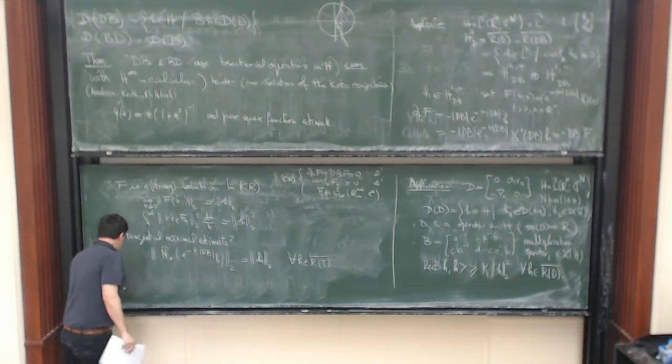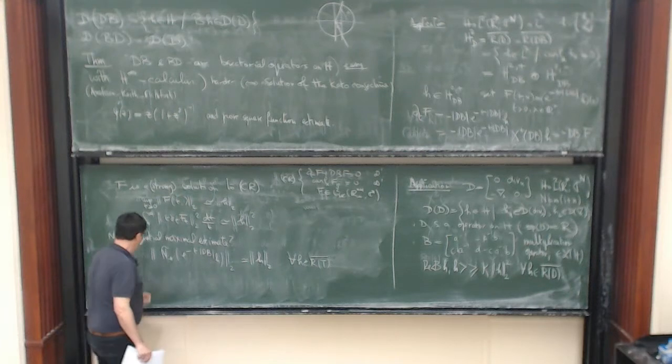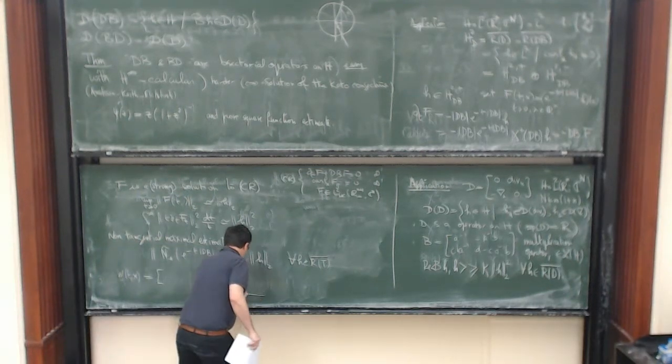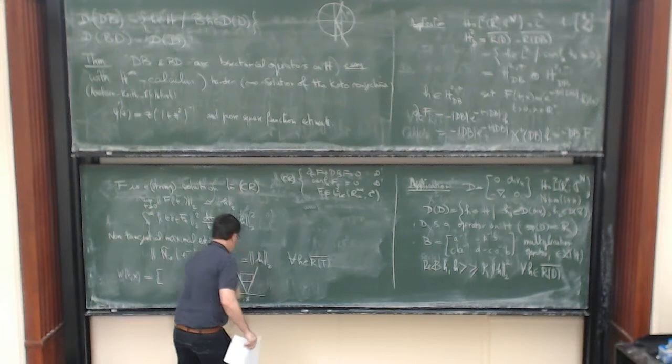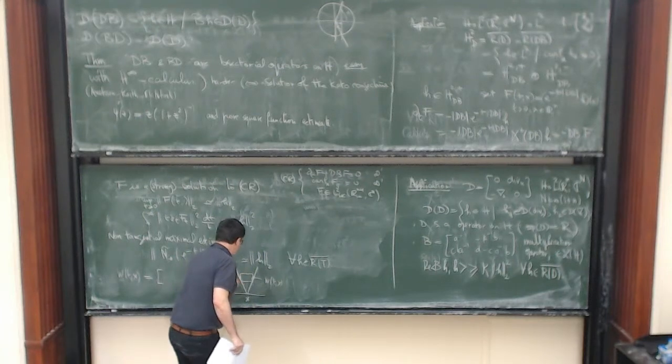So what is n tilde? Well, you have to define Whitney regions in the upper half space. You pick an x, you take something like this, which I'm going to call a Whitney region. So here you have t, which is up here.